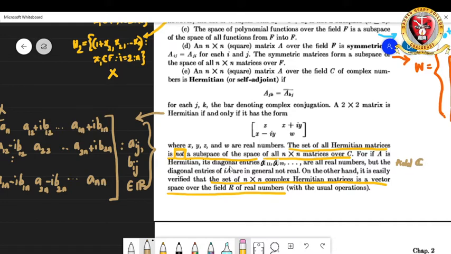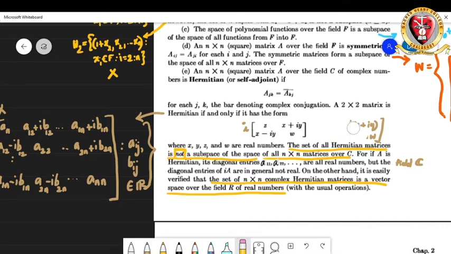So i is a complex number. So i times A, think about i being multiplied with this 2 by 2 matrix. Then what do you get? You get iz, i times x plus iy, i times x minus iy, and this is iw. But the diagonal entries have now changed to a complex number.